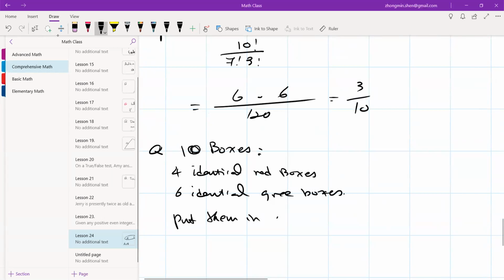Put them in a row so that no red boxes are next to each other.